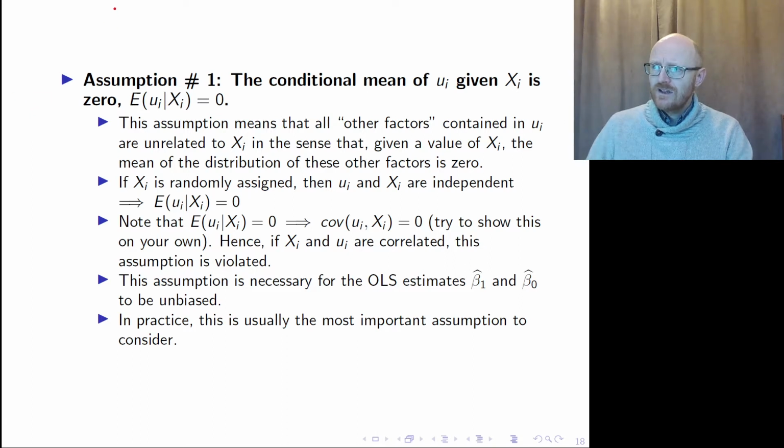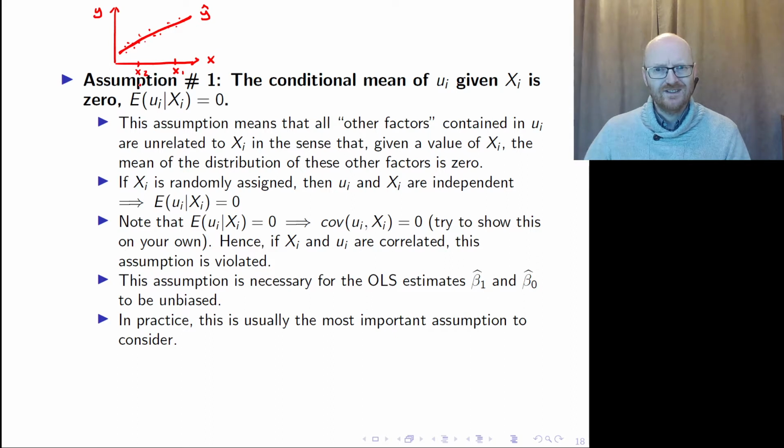It means that, for example, you have the scatter plot between x and y, and with this data, you can draw a straight line, the OLS straight line, and whether you choose x1 or x2, for example, the conditional mean of the residuals around this line is 0.